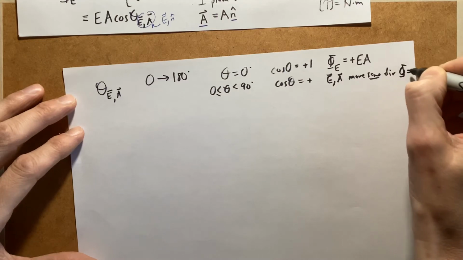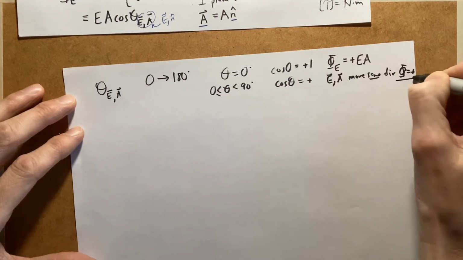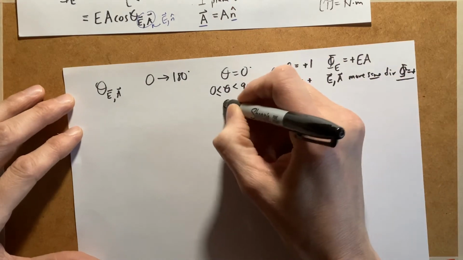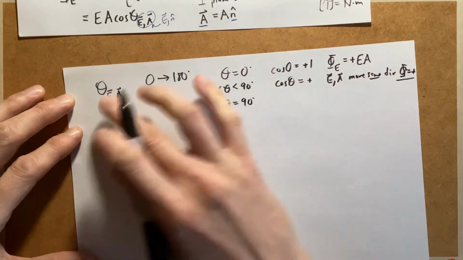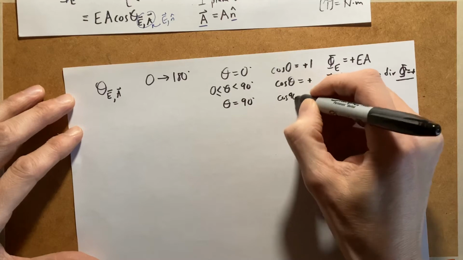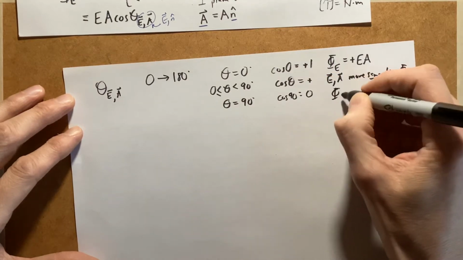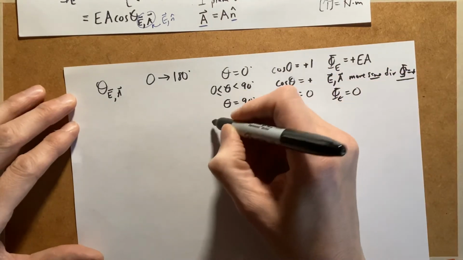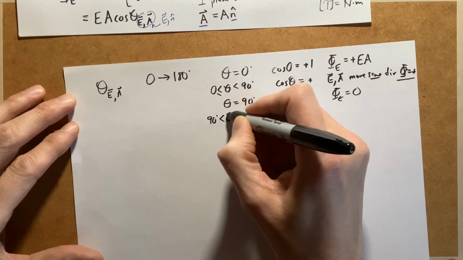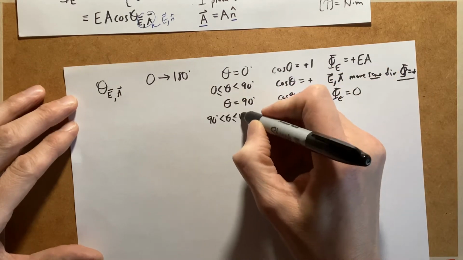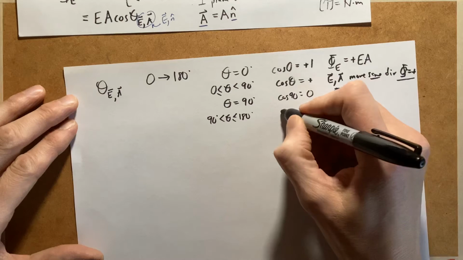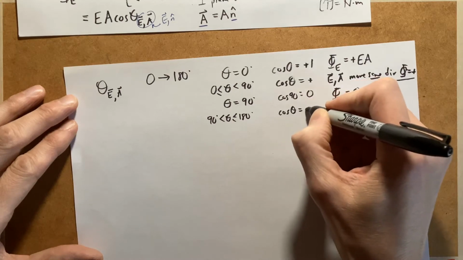Flux is positive. Sorry, I ran off the end of the page there. If the angle is 90, cosine of 90 is 0, we get 0 flux. And if the angle is bigger than 90, and of course the maximum it can be up to and including 180, then the cosine of such an angle is negative.